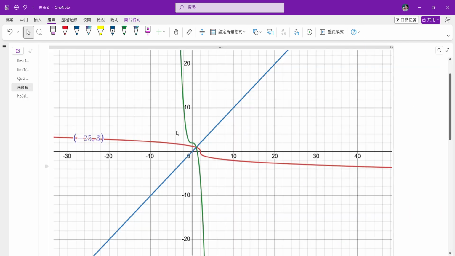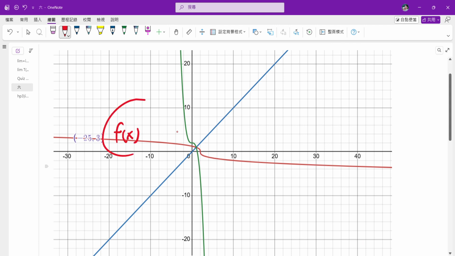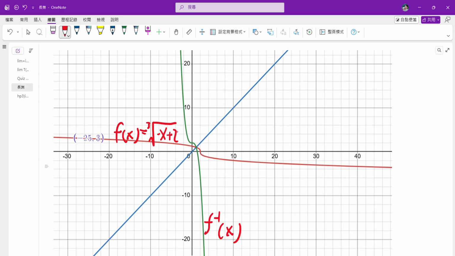Okay, so if you draw f of x, the red graph is your f of x. And the green one is the inverse function of f of x. That is the one, the cubic root of negative x plus 2. Yes, this one.